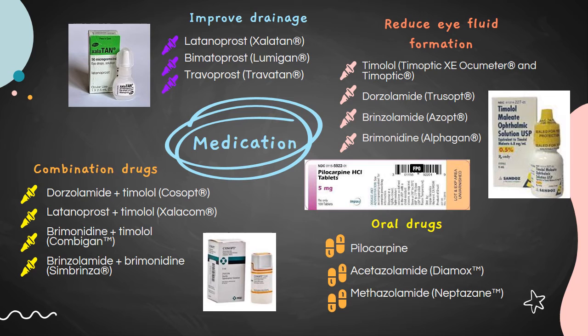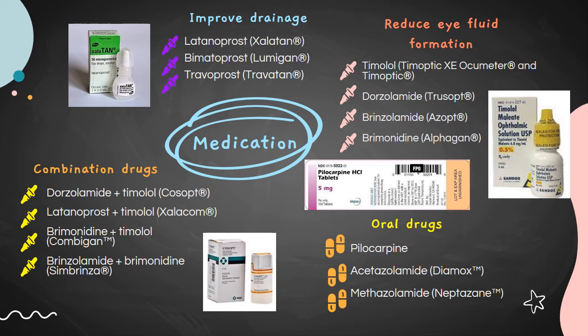For example, timolol, dorzolamide, brinzolamide, and brimonidine. They also have combination eye drops, which combine two drugs in one eye drop. For example, dorzolamide and timolol, latanoprost and timolol, brimonidine and timolol, and lastly brinzolamide and brimonidine.